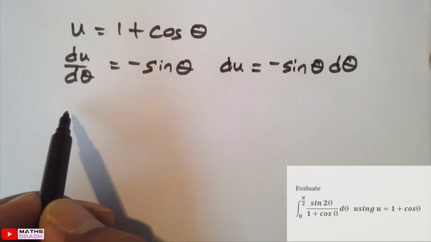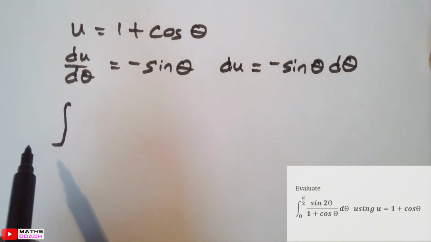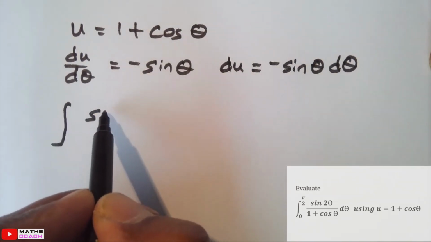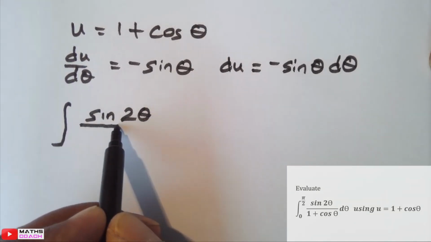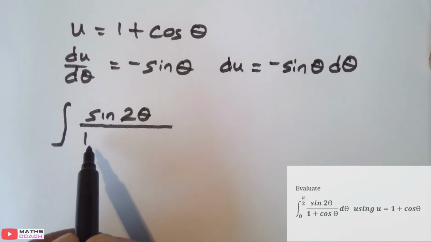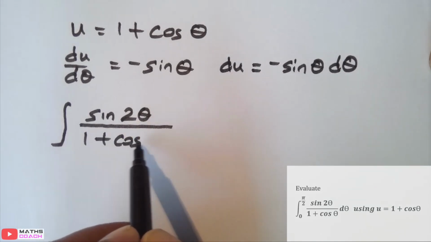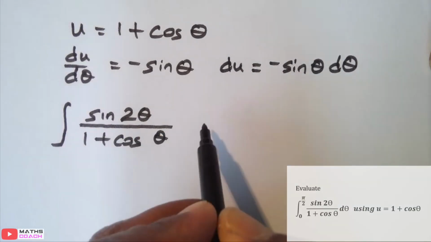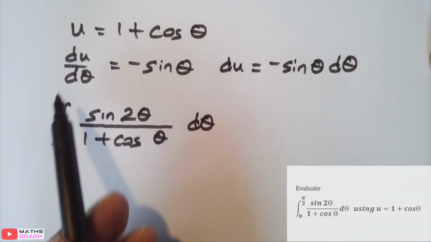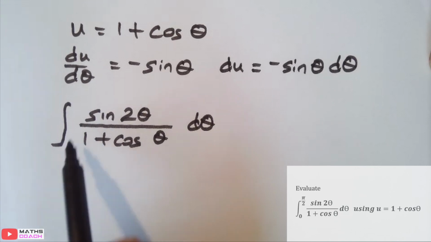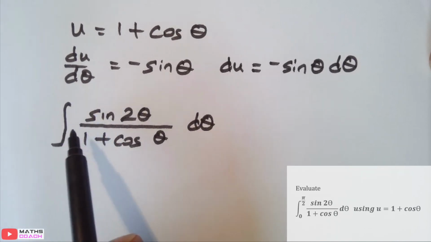Okay, let's write out our question. Integration of sine 2 theta over 1 plus cos theta d theta. If you look at the limits, I've ignored the pi over 2 and 0. You can do that. We'll deal with the limits later on.